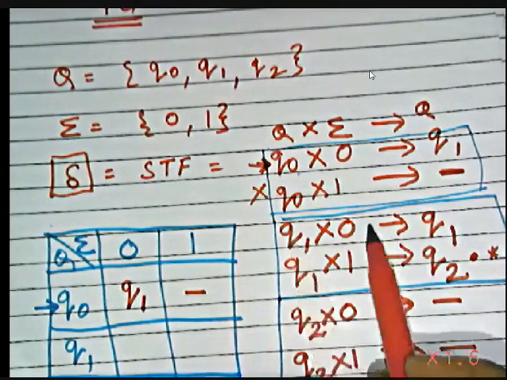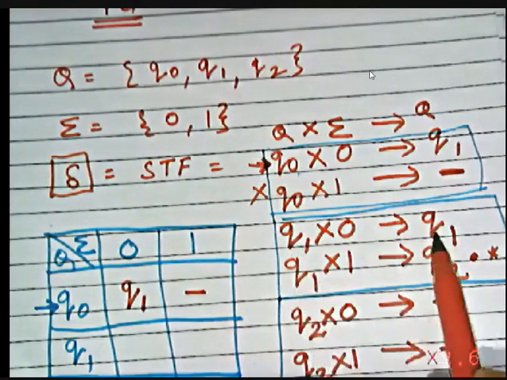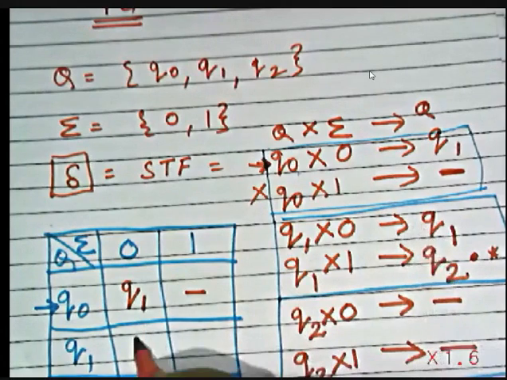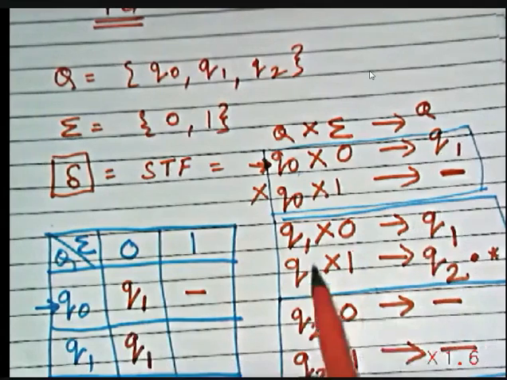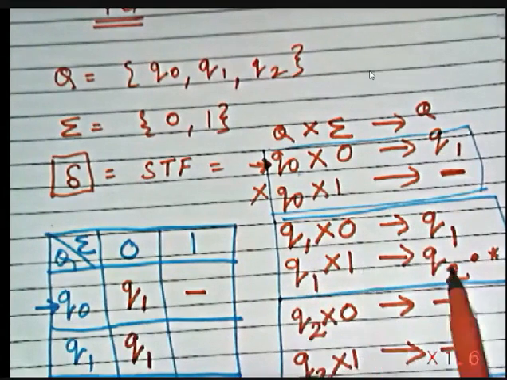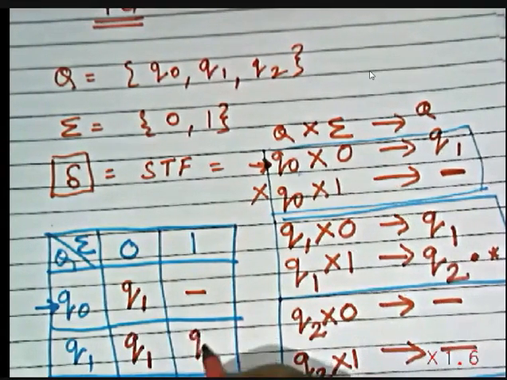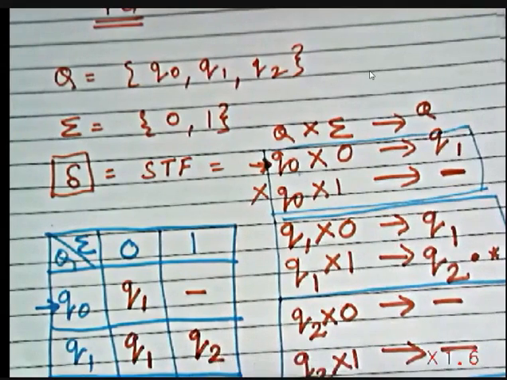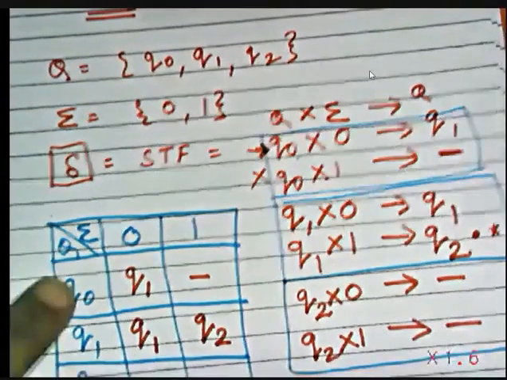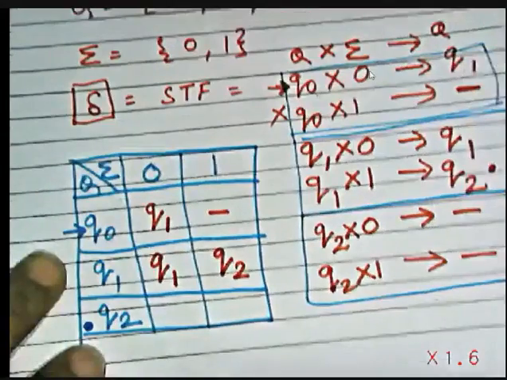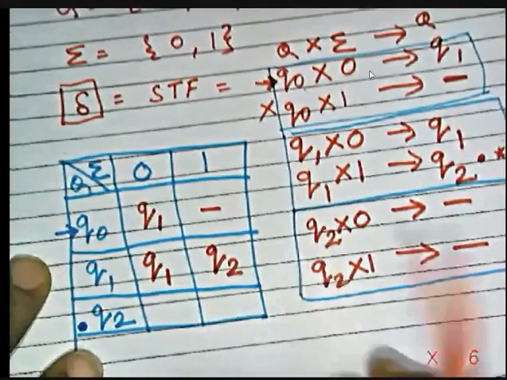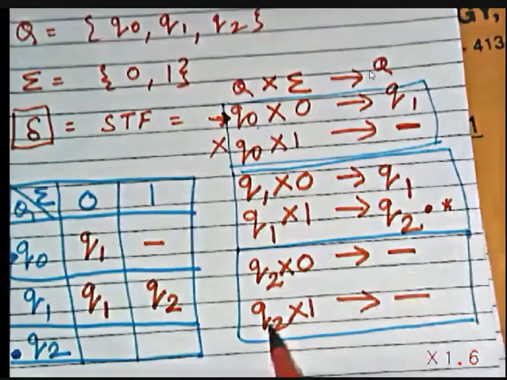Similarly, Q1 on 0 moves to Q1, a self loop. So I am writing here Q1. Q1 on 1 moves to Q2. Right? Now here there is no need to mark it with a dot or star because it is already marked here, which is the indicator that Q2 is a final state. Now third is Q2 on 0, there is a dash, and Q2 on 1 also dash.